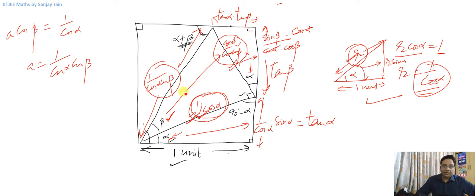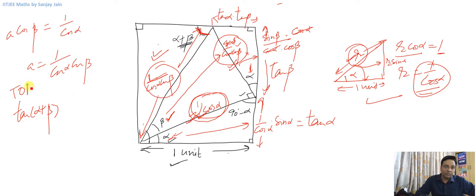Okay, now look at this triangle. If this is 1 by cos alpha cos beta, and this is angle alpha plus beta, so by definition of tan, what will be tan alpha plus beta?